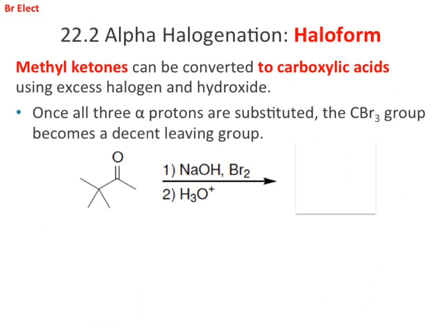More than 2 bromines? Yes. That is actually this last reaction, which I'll talk about really quickly. If we have a very special case, so to get more than 2 substitutions, we have to have something known as a methyl ketone. Why is it a methyl ketone?